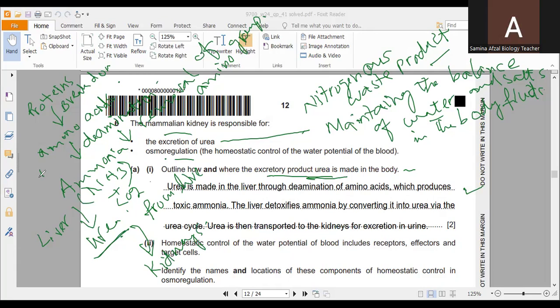Urea is made through the deamination of amino acids, which produces toxic ammonia, and then ammonia is detoxified by the liver and converted into urea. Urea is then transported to the kidneys, and from the kidney it is excreted out in the form of urine.